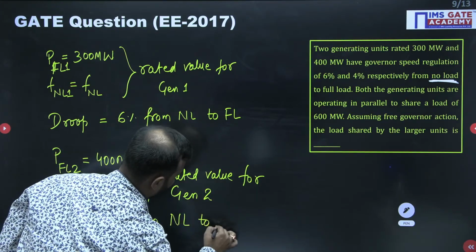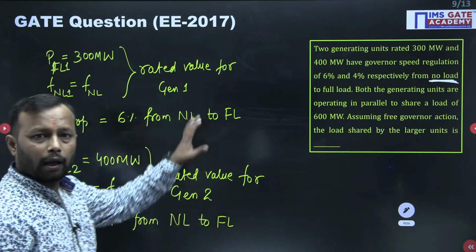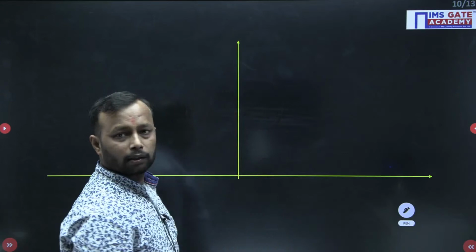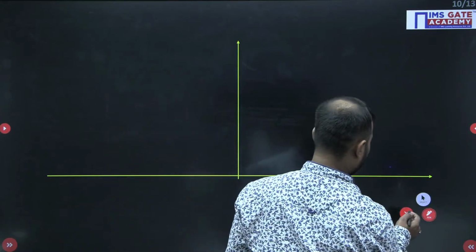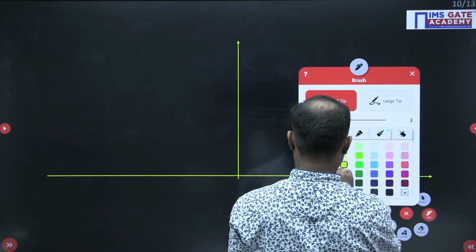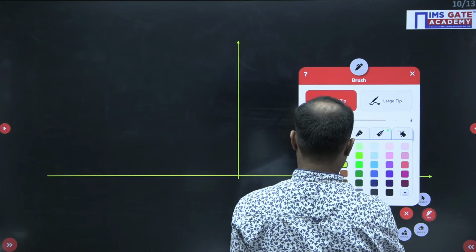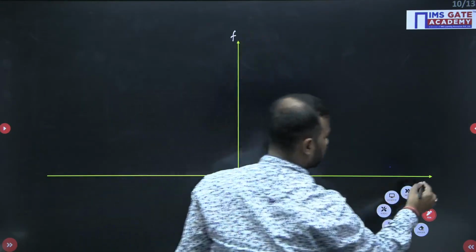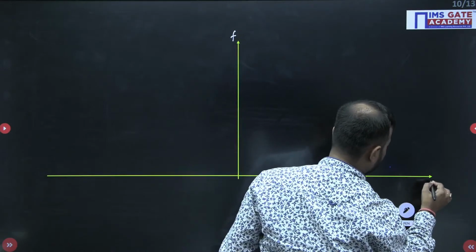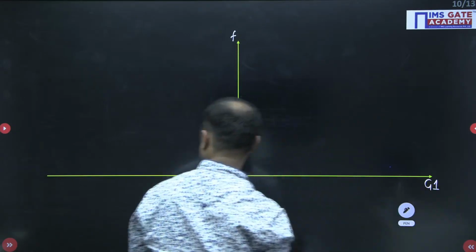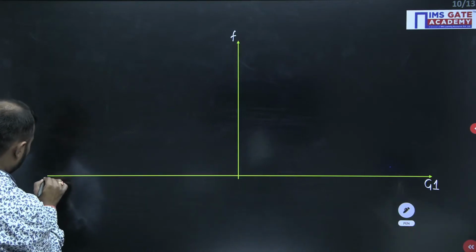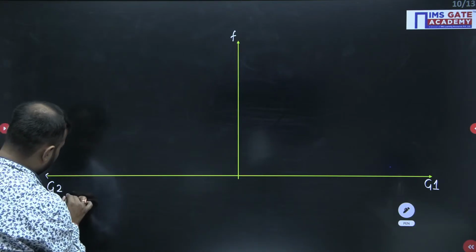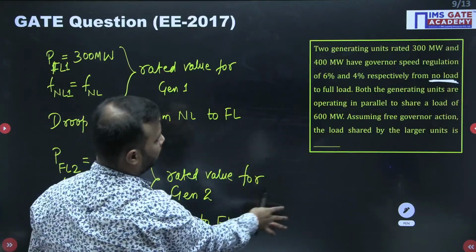So if you plot all this in your curve, see how it is going to come. So this is frequency, this is generator 1, okay. Let me take this as generator 2 and the power in megawatt. यहाँ megawatt दिया गया है क्या? हाँ.